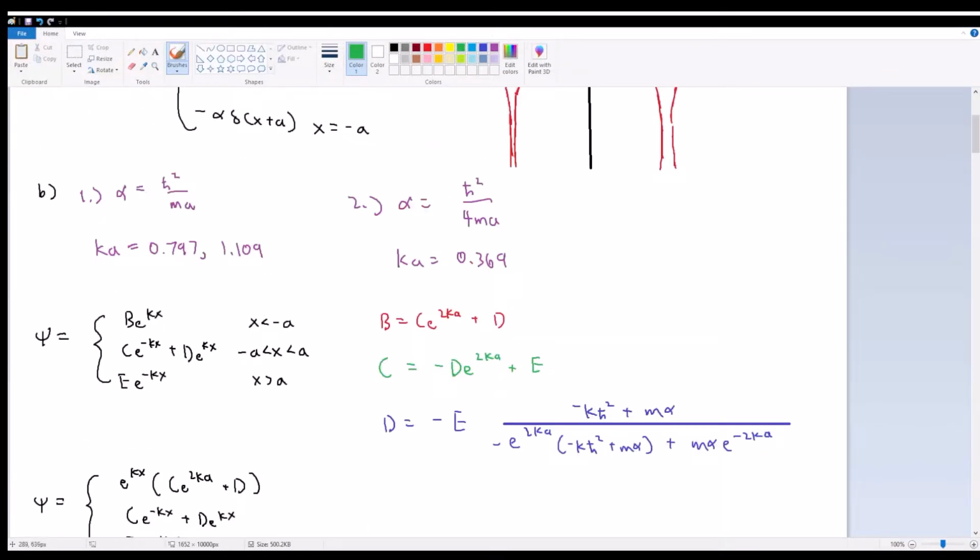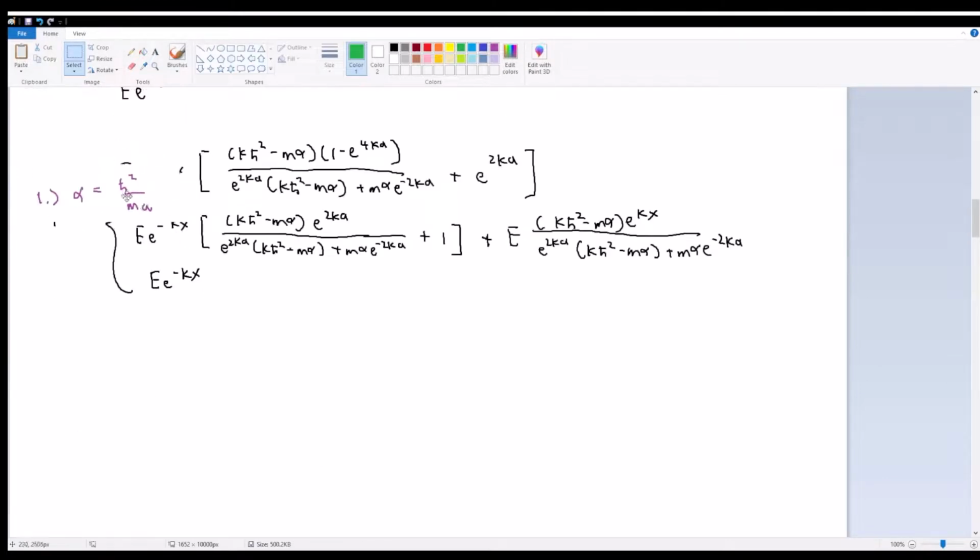Now we have two cases, so let's start with case 1, where alpha equals h bar squared over ma. Let's plug this in and see what happens. In case 1, psi is equal to e times e to the kx.